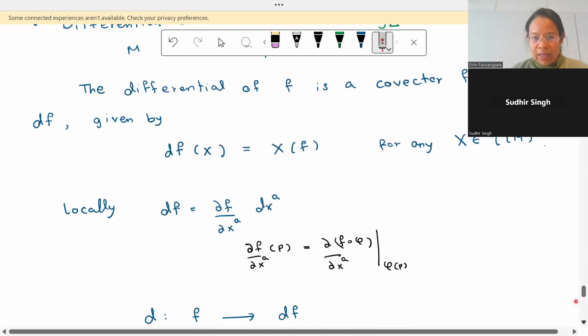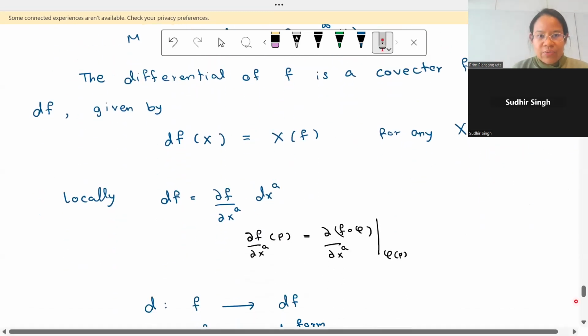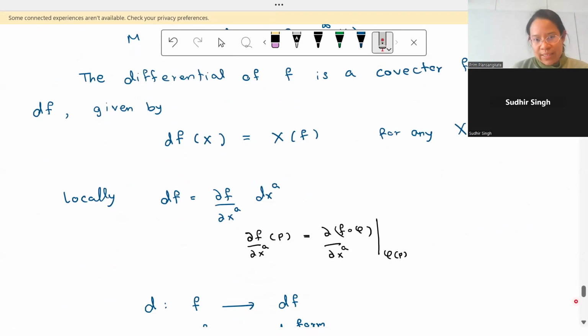And from this, you can write a local expression for the differential in terms of the coordinate covector fields like this. And here I would just say what this is. This is a symbol for this vector field, it is just the coordinate vector field, partial derivative with respect to x^a, acting on f.